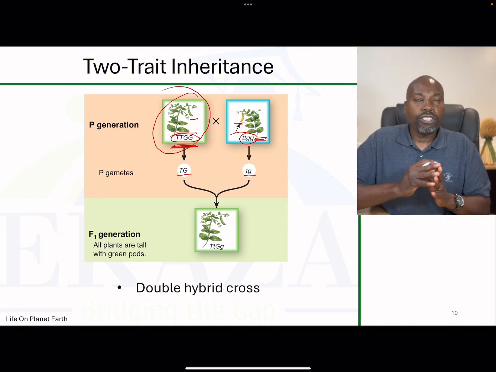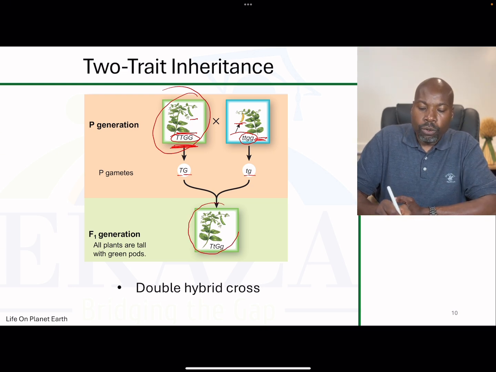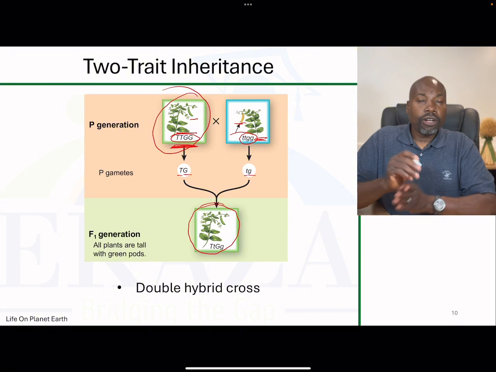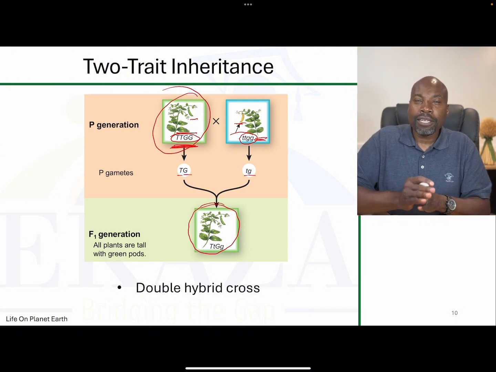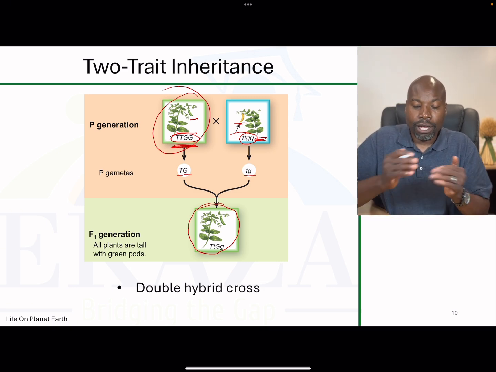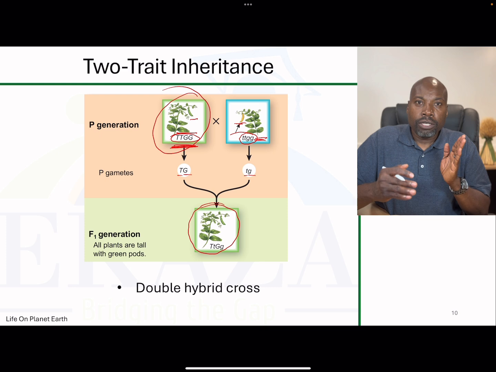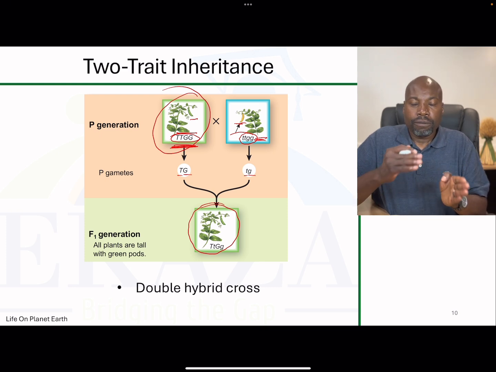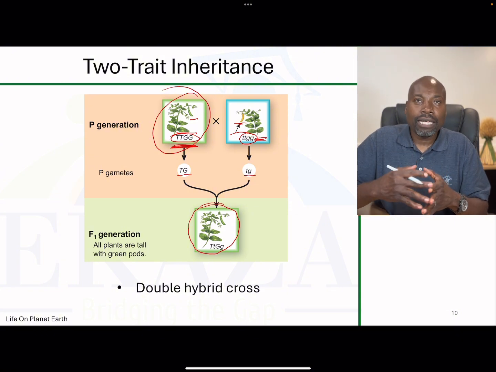Now, in the F1 generation, he observed that all individuals were tall with green pods. In other words, he had double hybrid, not only hybrid for the height, but also hybrid for the color. That's double hybrid. Now, when he did a double cross, meaning crossing a double hybrid with another double hybrid, what did he observe?